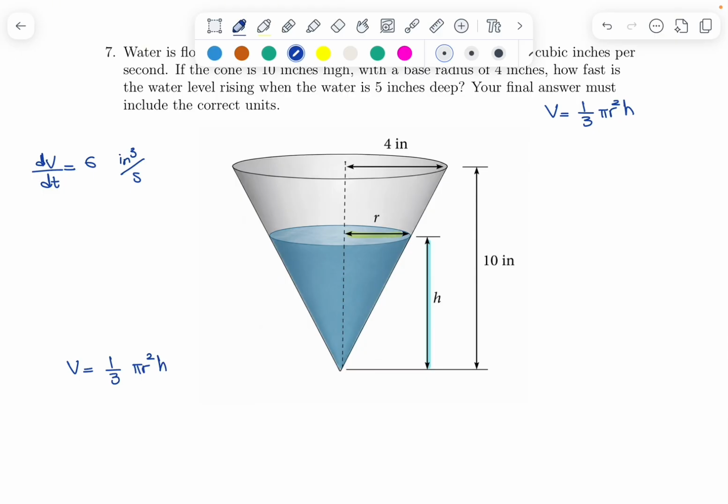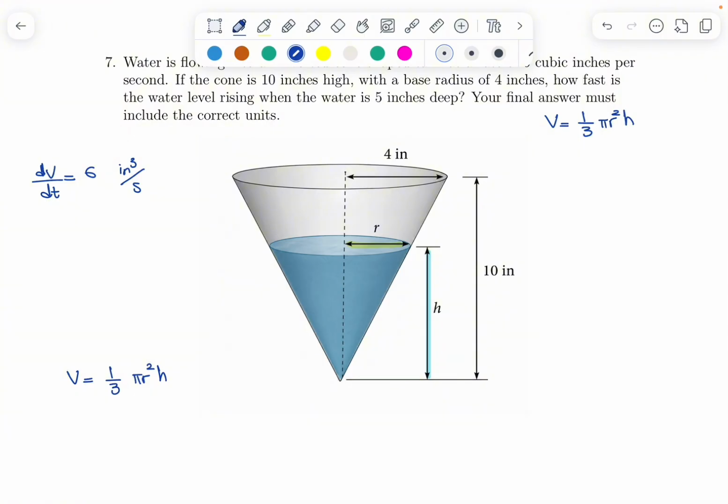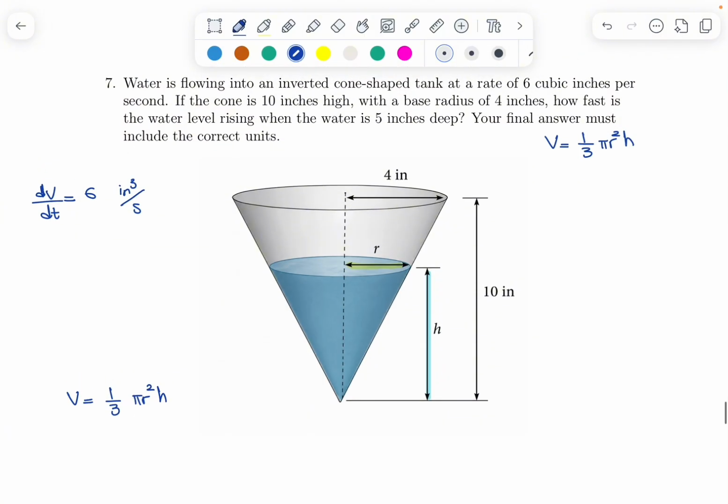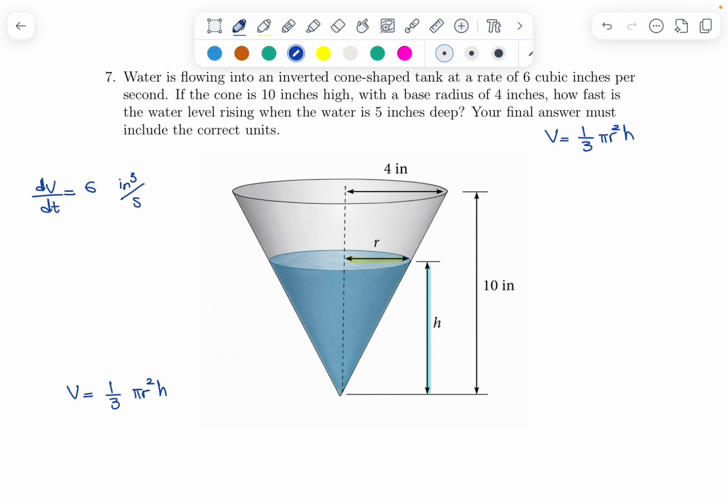As water is flowing into the tank, h is changing over time and also r is changing over time. The question asks us to find dh/dt: how fast is the water level rising when the water is 5 inches deep, when h is 5. So we are going to find dh/dt when h is 5.